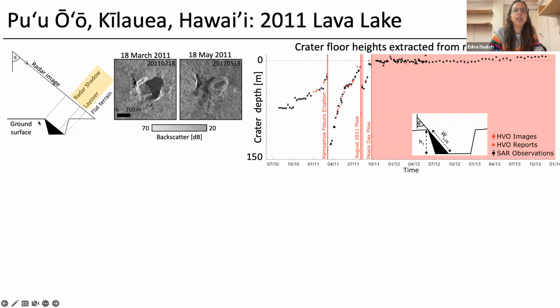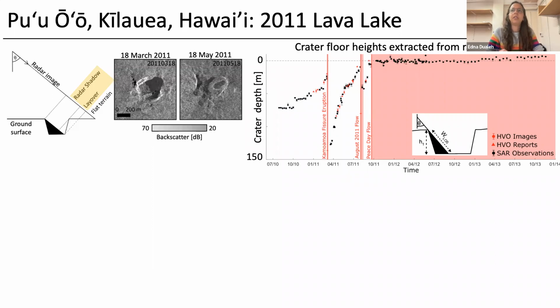You can use the width of the radar shadow to calculate a relative height for the feature casting it. So we did this for Pu'u crater to calculate the depth of the crater floor. This is a method that has been applied elsewhere. It's been used at lava lakes for Nyiragongo as well as Dallol.